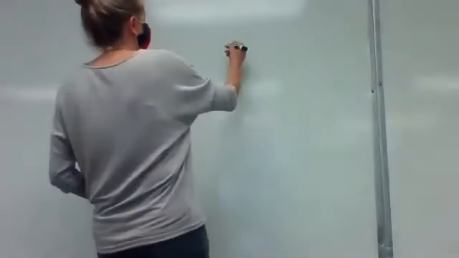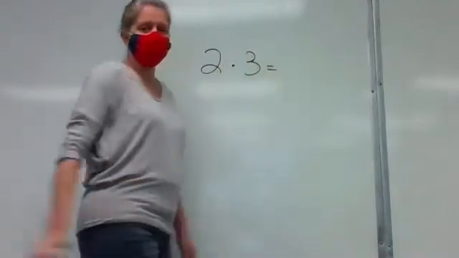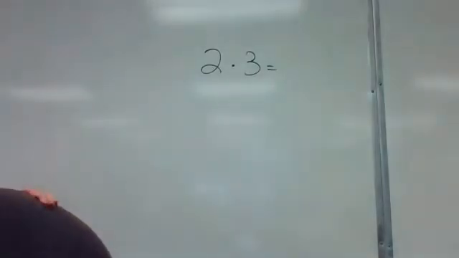Before we get into the problems of 5.5, let's talk about the different rules of multiplication. When you are multiplying plain numbers, nothing is going to change about that in this section, okay?